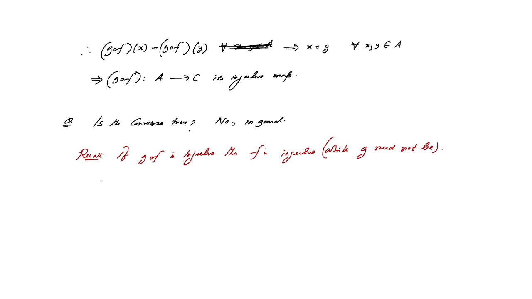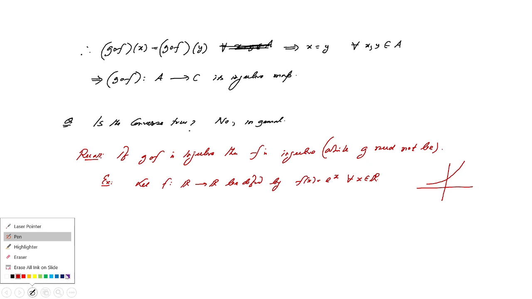As for example here, let f be a function from R to R defined by f(x) equals exponential x for all x belonging to R. So this is the kind of graph.